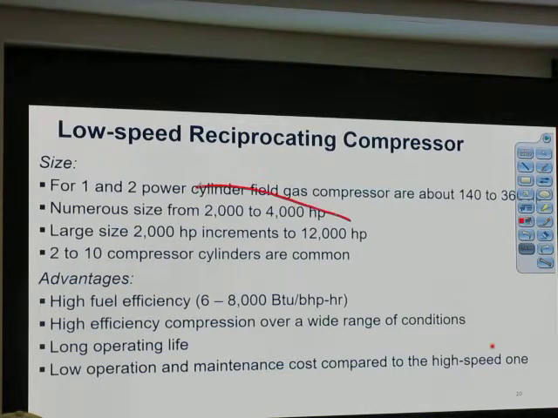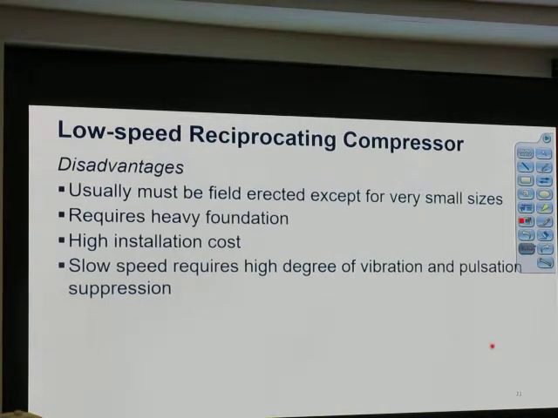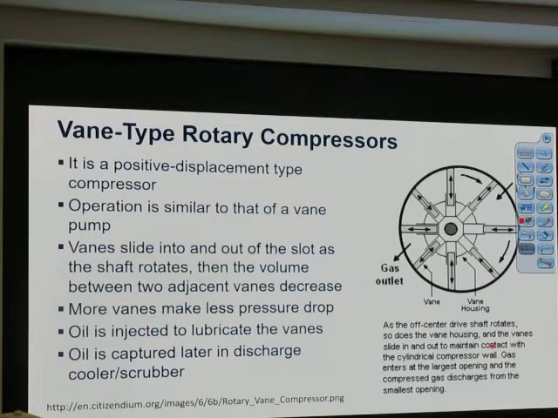Low speed is big. It can be like 10,000 horsepower. And higher fuel efficiency, longer life. Disadvantage: requires a heavy foundation, otherwise it's going to shake. High installation cost.